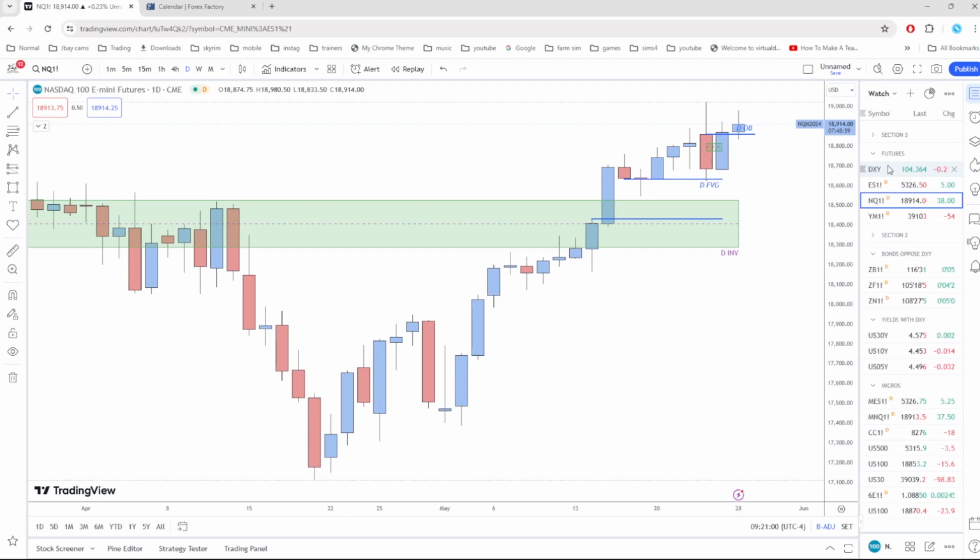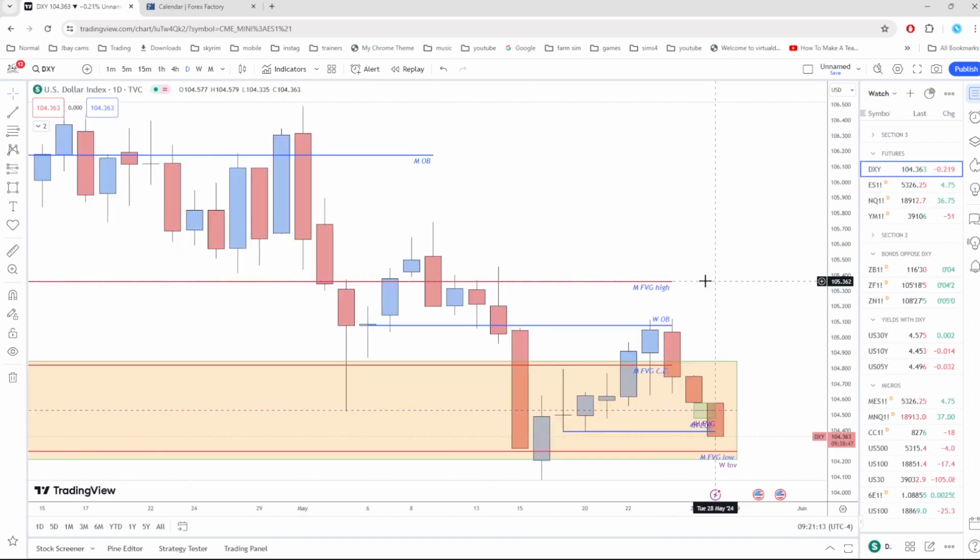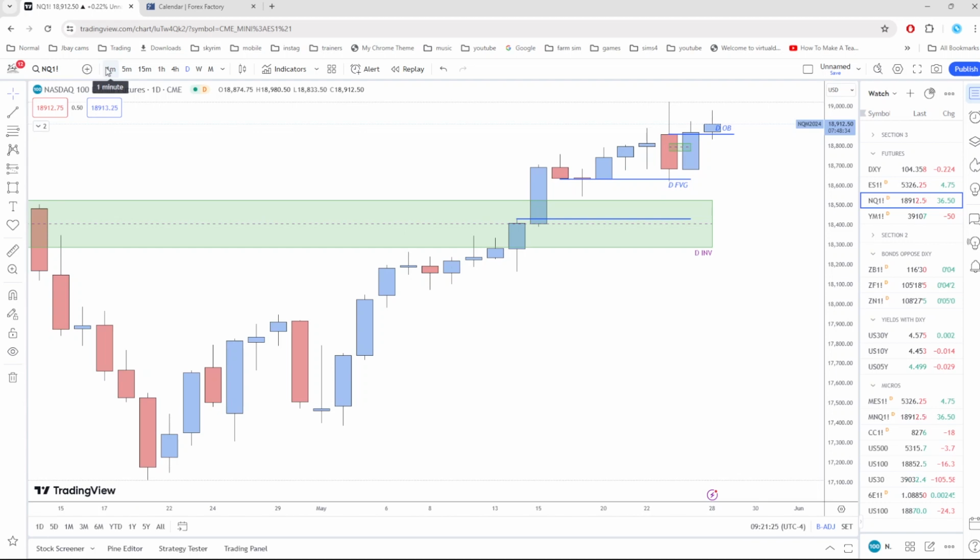And you, of course, have to factor in the dollar. So let's look at the dollar index. Dollar index traded into its daily fair value gap and closed below the weekly inversion. So I would have been looking for a push down below that low.